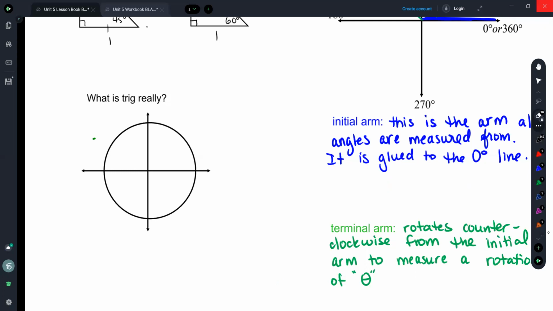But trig is really talking more about measurements of an arm as it rotates around a circle.